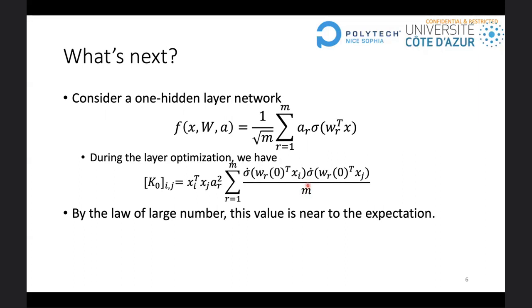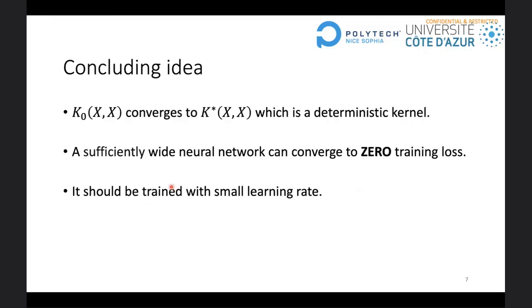By the law of large numbers, we consider it as a standard Gaussian distribution, and the value is quite close to its expectation, which means K_0 converges to K star, which is a deterministic kernel.